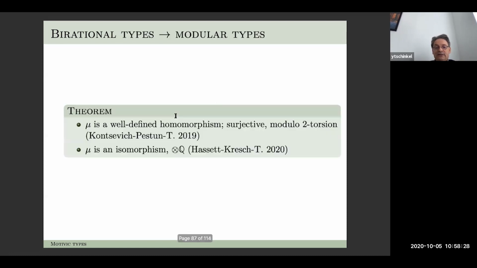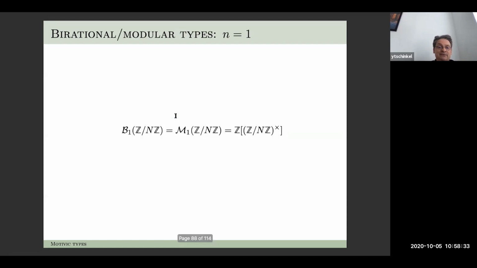So in other words, tensor Q, you may as well work with the M groups, and let's look at what these groups are. For n equals 1, the generation condition says we're looking at residues mod n that are coprime to n. All right, so that's our group.